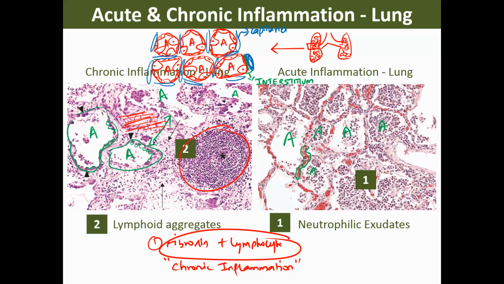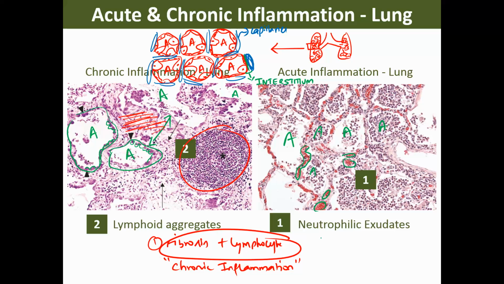This orange color area is the capillaries. The capillaries are orange because they are filled with blood. So this is called congestion. Understand? Why are the capillaries filled with blood?